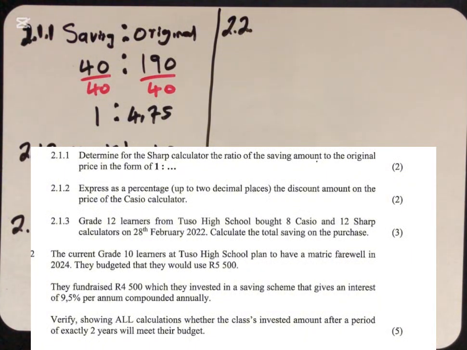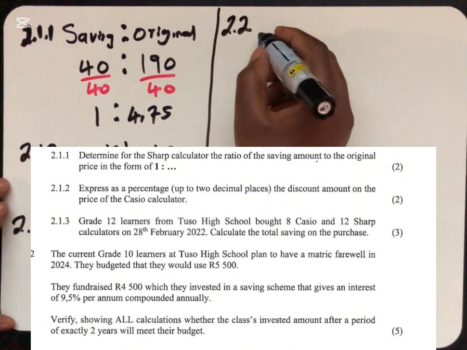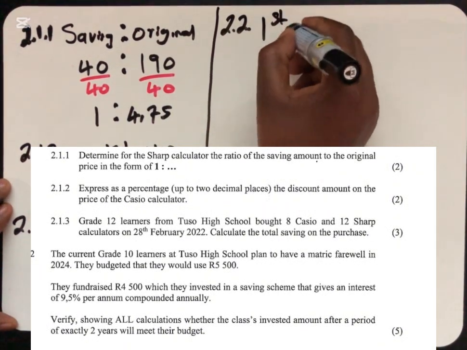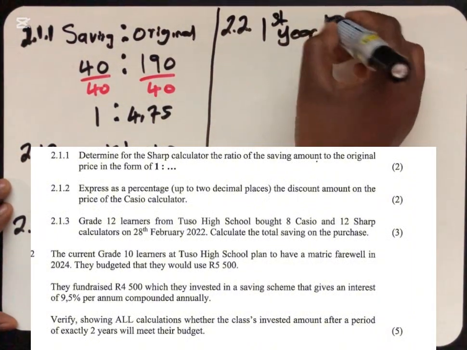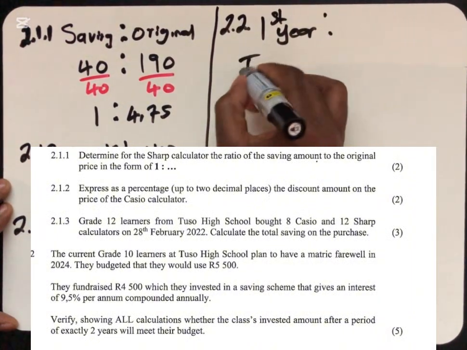Let's calculate to find out if this amount will be enough at the end of this investment term. So what we need to remember is that we are using compound interest. With compound interest, we calculate the interest separately. For example, we are now going to say the first year investment. We are going to calculate the interest.